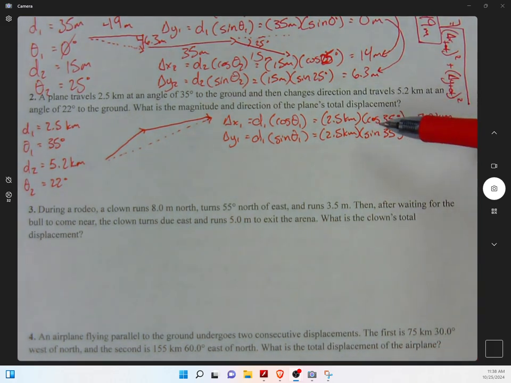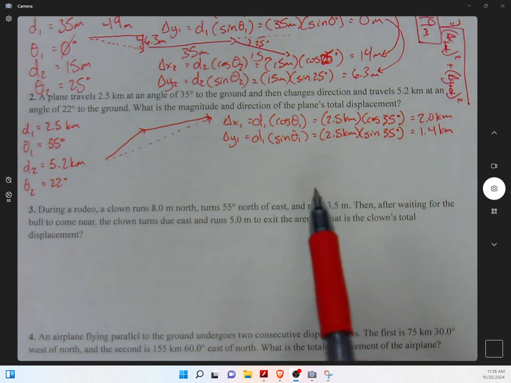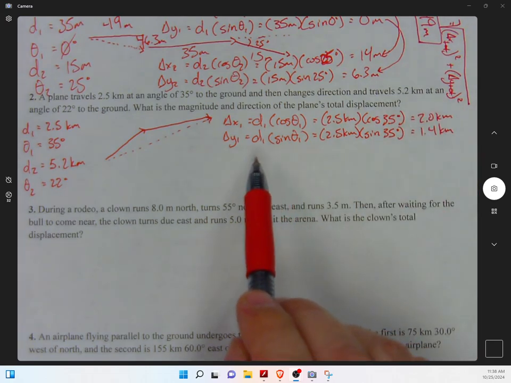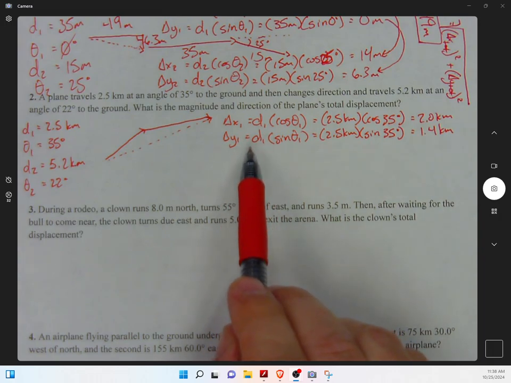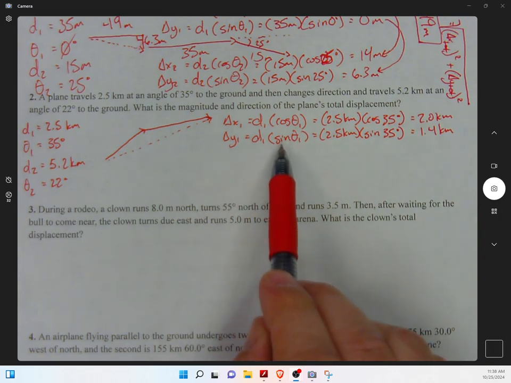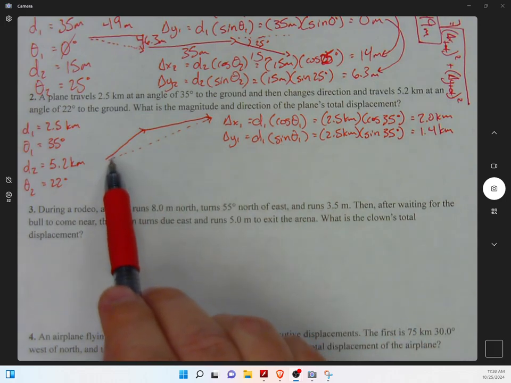Now notice, and I'm doing this to encourage you guys, even though these calculations take a long time because there are a lot of small steps, look how this actually ends up being pretty simple once you get the pattern of it. A lot of times in the way we set these up, the y component is going to be the sine because our initial movement, from our perspective, is kind of going up.